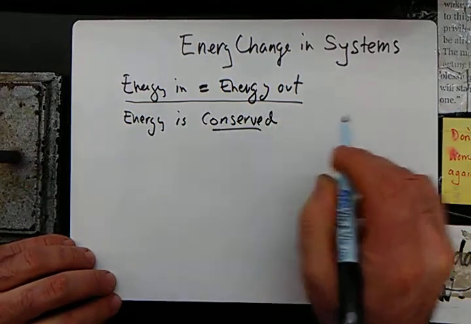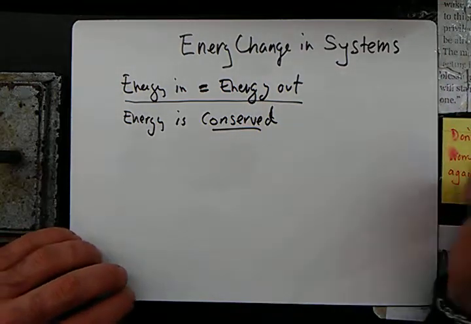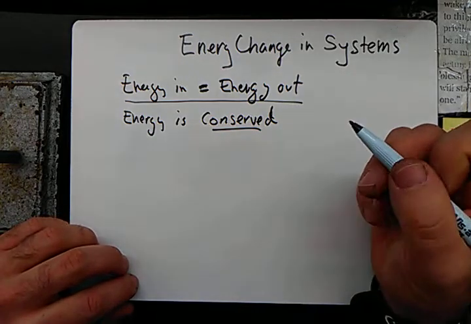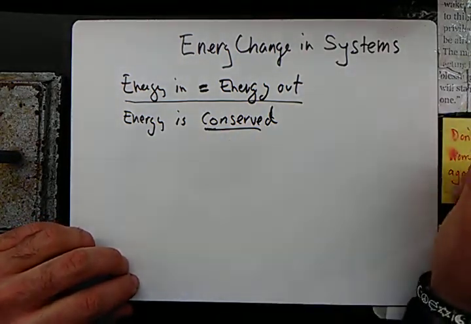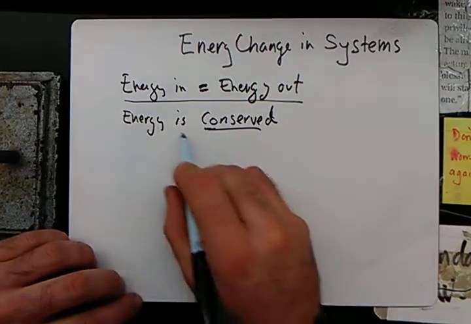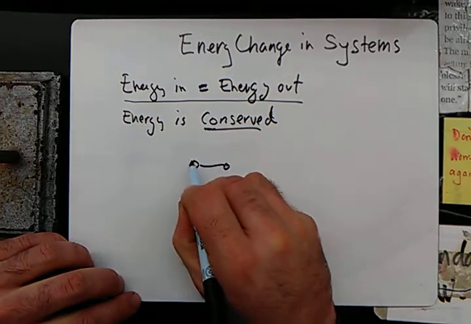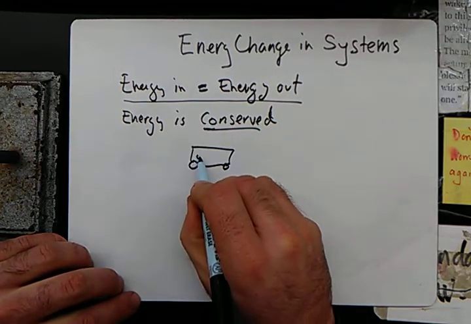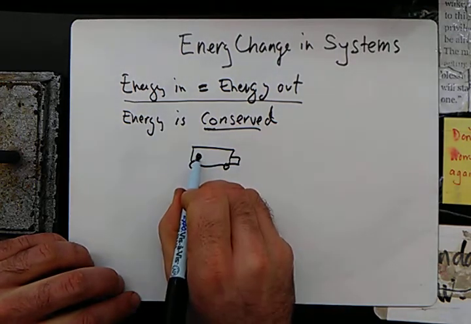Okay, when I think of the word conserved, a couple words come to mind: saved, reusable, that type of deal. So what I'll give you an example of is a car. Okay, so let's say here's my car, and here's the fuel tank.